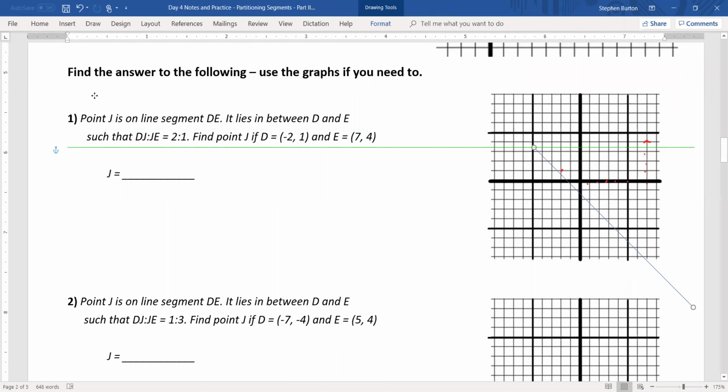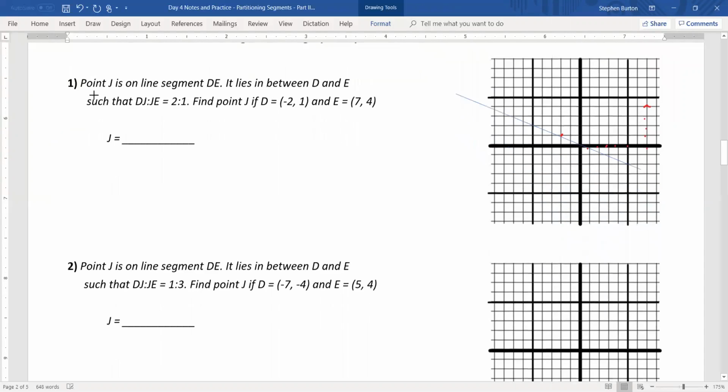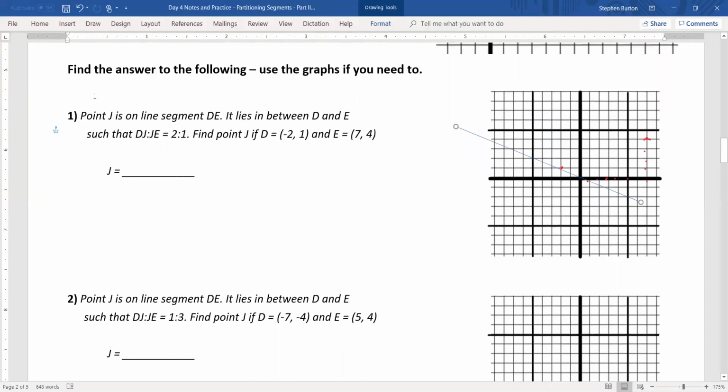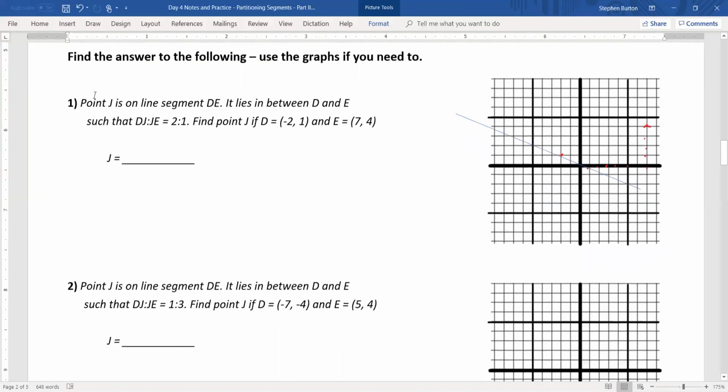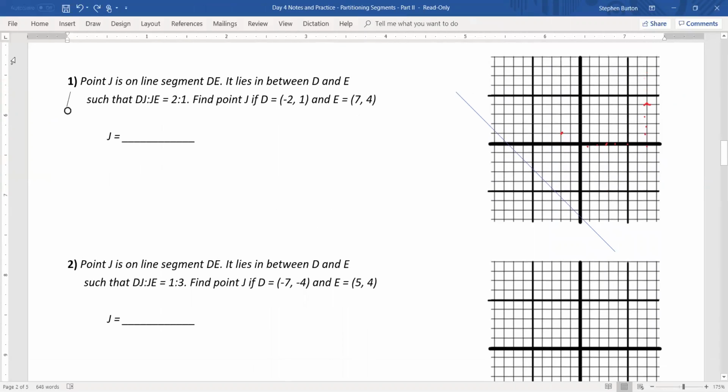I think I'm going to waste more time trying to get this to work right. Okay, that's not going to work. We will just leave that there, and I will just draw a horrible scribbly line from there to there. All right, that's better.